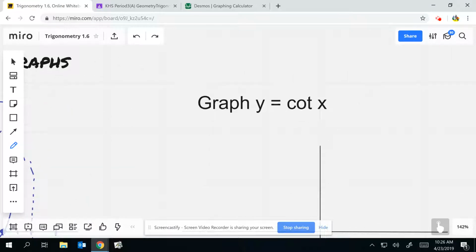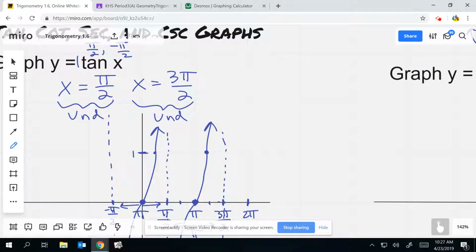So you might want to write a couple of things up here. You might want to put its direction, just so you know in your head, okay, I know I need to go, that's the tangent, hold on, my bad. You want to go this way. Show its direction, it's going to go up on the left, down on the right. And you might also want to show where the undefined areas are. Because remember, there's some places you cannot graph.